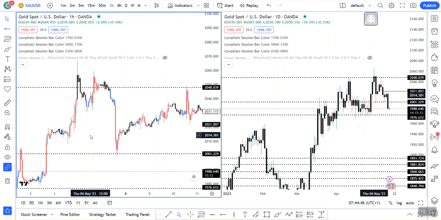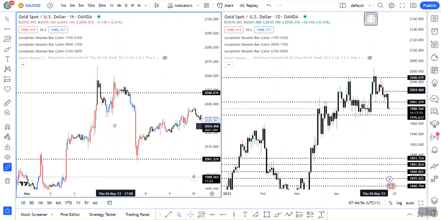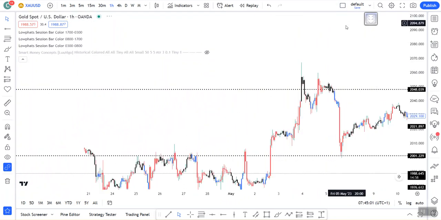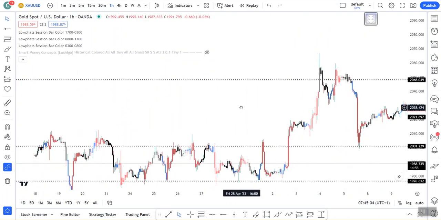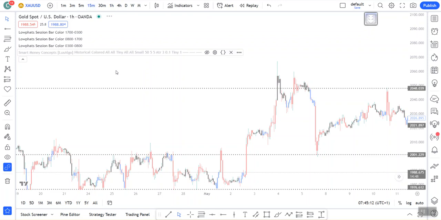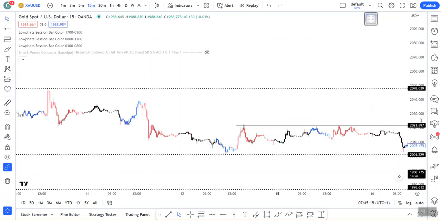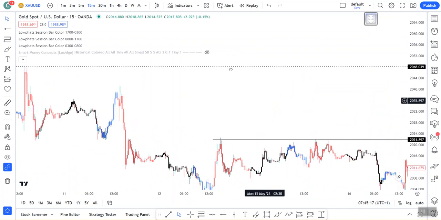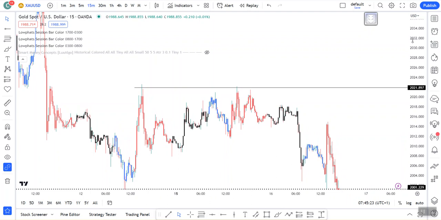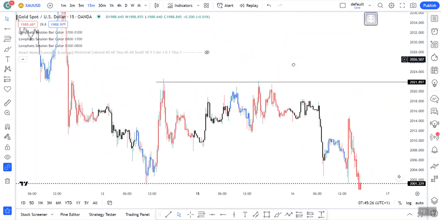So the thing is that those bank zones have areas they normally would not get beyond, which correlates with the previous area they have gotten to before. If I take this down to the 15 minute time frame and zoom in, I will give you a typical example of what happens during the different sessions.